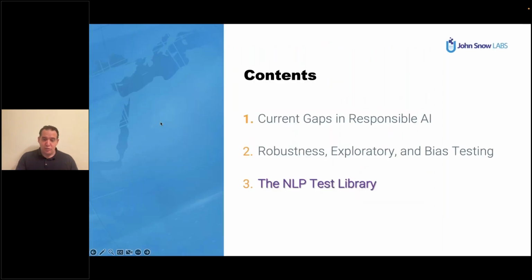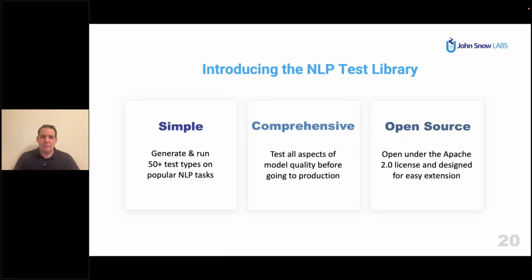What I'd like to talk about next, as the next section, is one other new open source library that enables you to specifically test text and large language models. So the NLP Test Library is a free and open source Python library that's commercially permissive under the Apache 2.0 license.